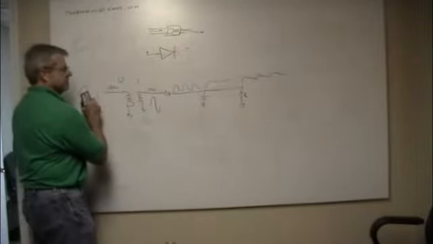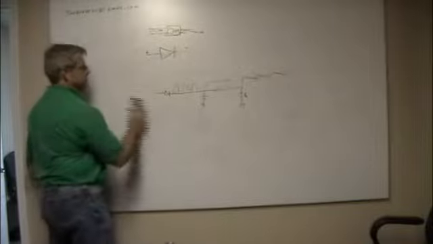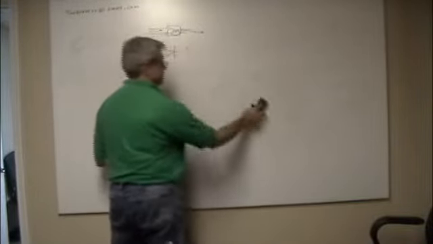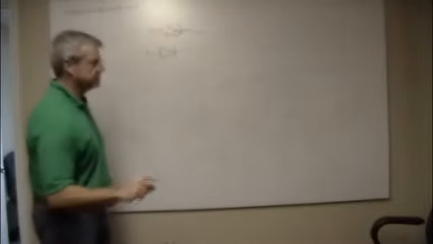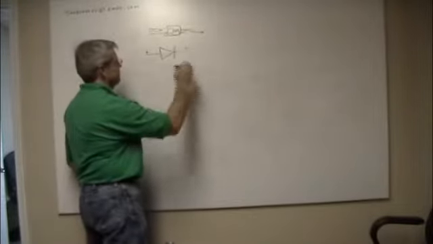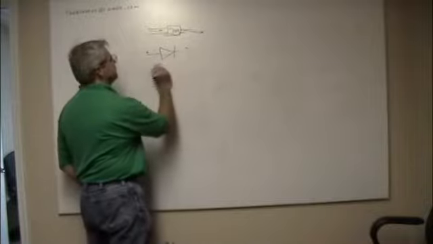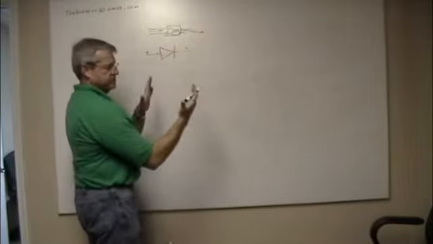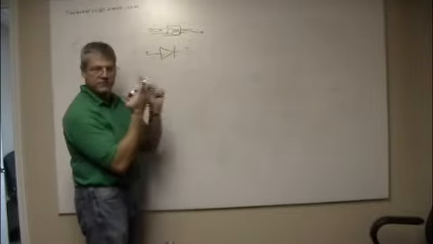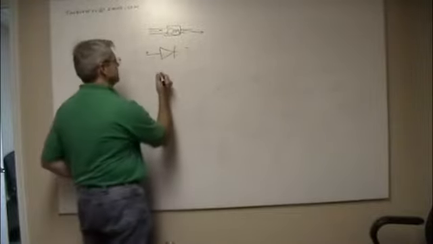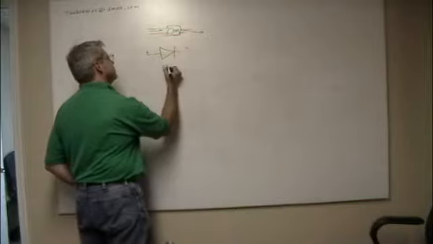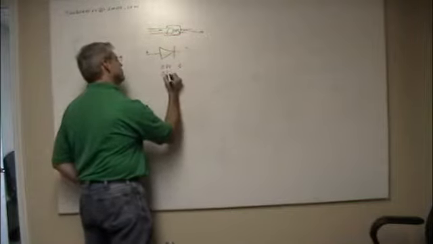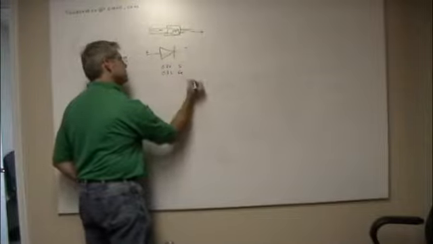The next thing you can do with this, in a standard small signal, just a plain old diode, just like this spring, you've got to overcome that spring. To get that depletion region small enough that current will flow across it, it's 0.7 volts if it's silicon, 0.3 volts if it's germanium.